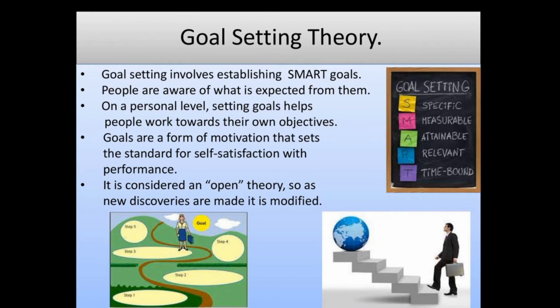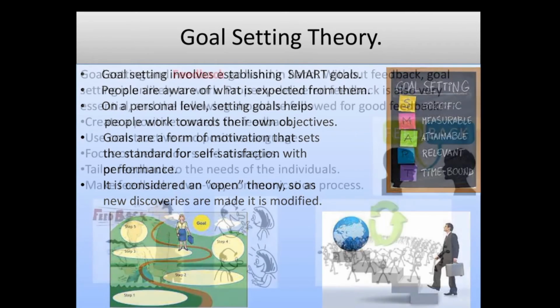When things are framed, people work towards that particular goal and try to accomplish those objectives. And goals are a form of motivation that sets the standard for self-satisfaction with performance. It is also considered an open theory, so as new discoveries are made, it is modified every time.